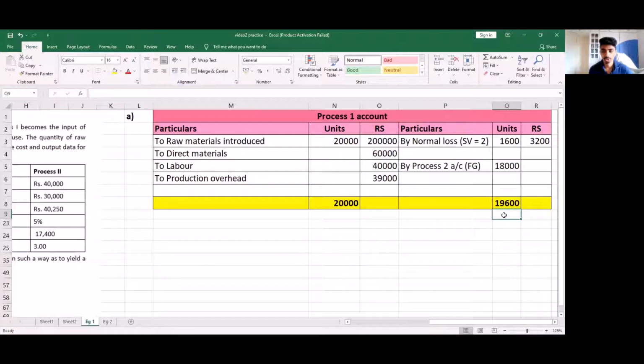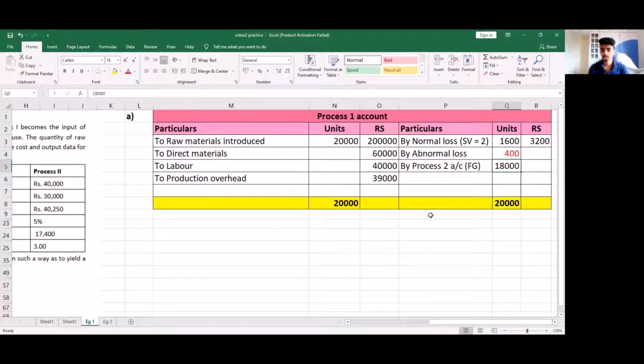So this 400 is nothing but abnormal loss. If it had come on the debit side, it would have been an abnormal effective or an abnormal gain. So let's account for this abnormal loss. The number of units is going to be 20,000 minus 19,600. So we have 400.